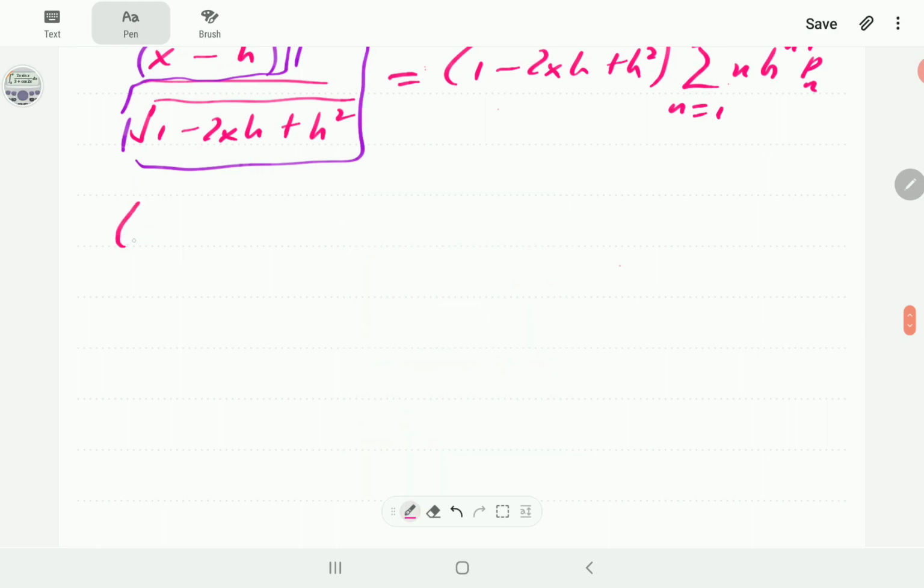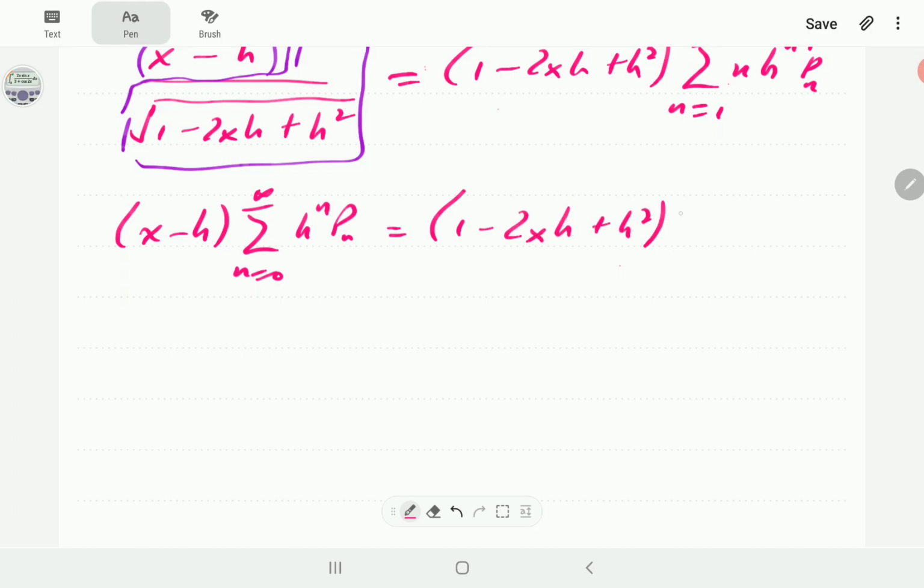So we're going to have here x minus h into the summation from 0 to infinity of h to the power n times P n. This side we already have that, of course. And then at this point, we are going to multiply into the summations.